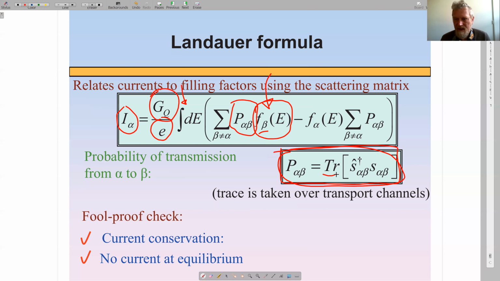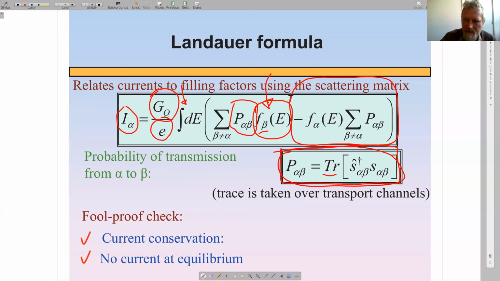So with this trace, I sum up over channel indices. Oh, this is logical. All right, this term is logical. We have electrons incoming, electrons outgoing. I am a little bit surprised with this term.